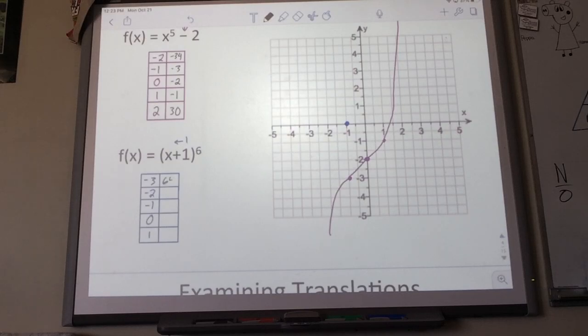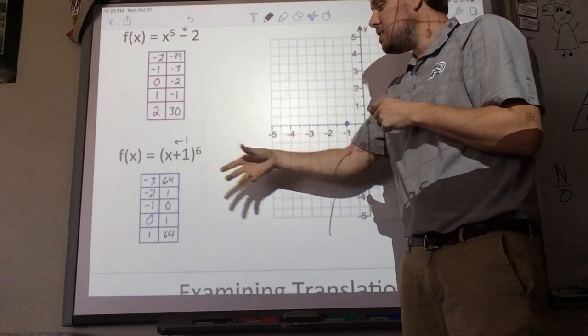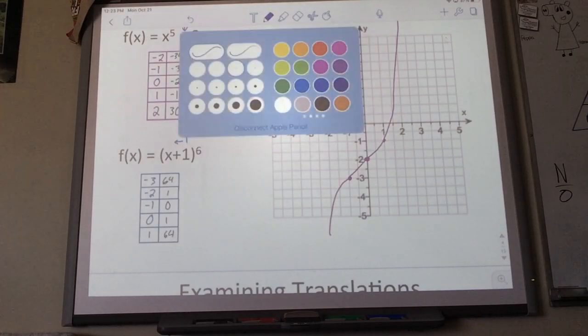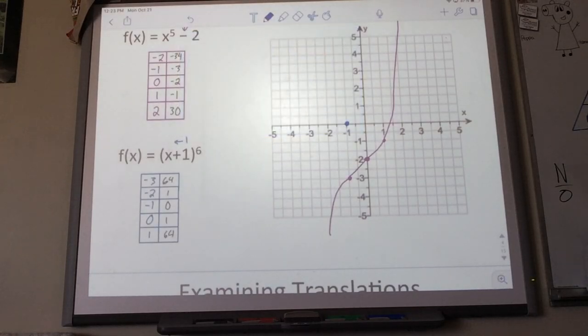That's 64, 1, 0, 1, and 64. That's good because we know that this is an even function, so it should be a U shape of some form. Okay, it should look somewhat like a U shape. So we can't put negative 3 and 64 on, but we can put negative 2, 1. And we can put 0 and 1.